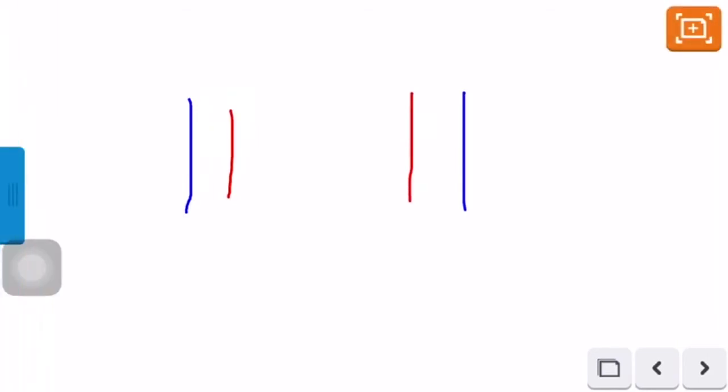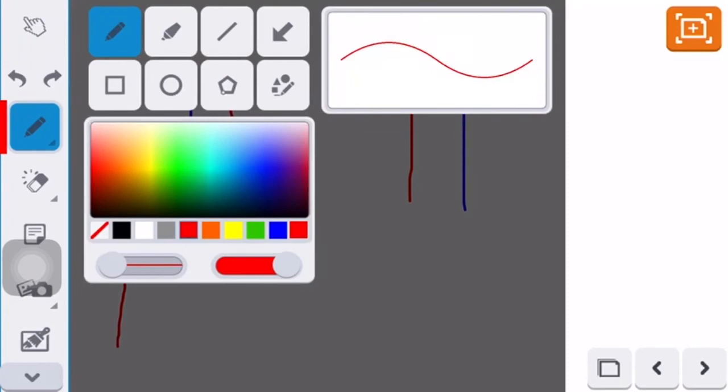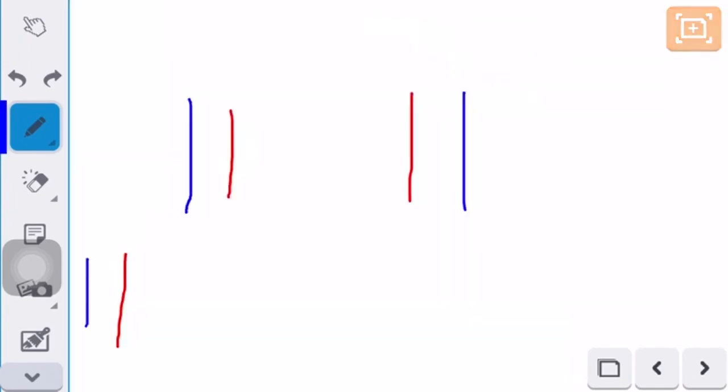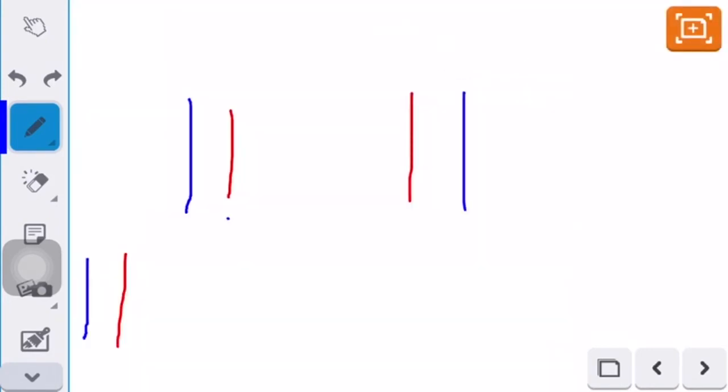So when they have a child, the probability is this blue with this red one, and green. This is not actually in this chapter, but I'm still showing you in case you have forgotten.